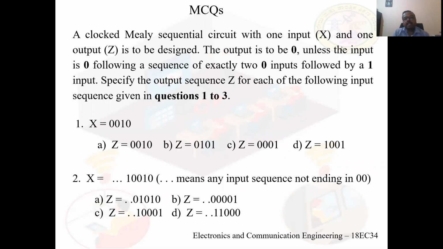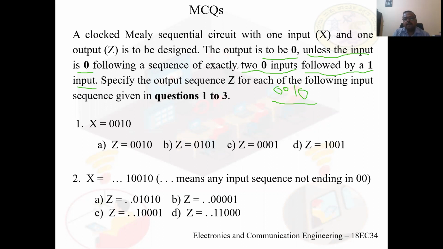Now here what it says is that the output is to be 0 unless the input is 0 following a sequence of exactly 2 0 inputs followed by a 1 input. What are we to understand by this? It means that when the input sequence is 0 0 1 0, at that time the output will be 1.